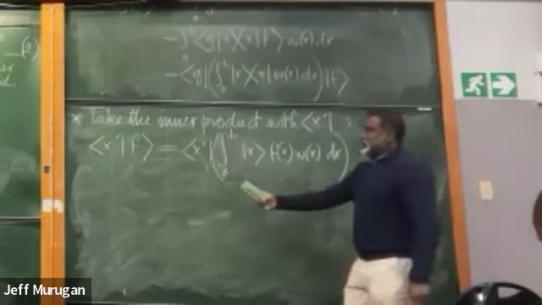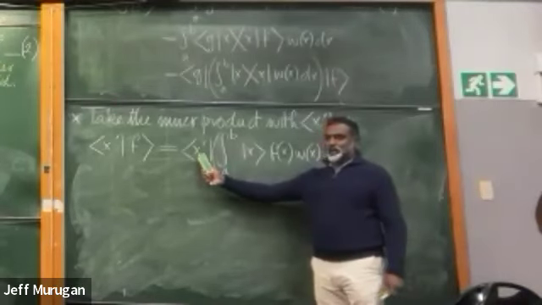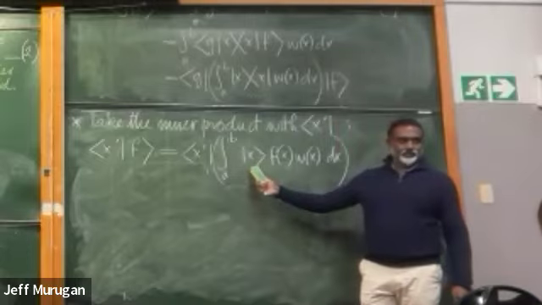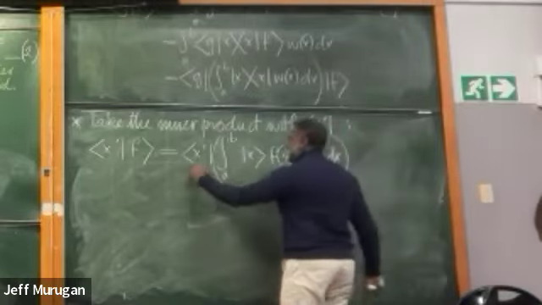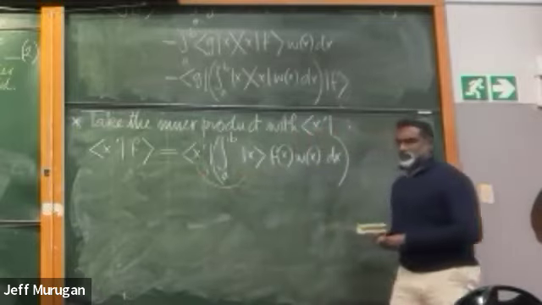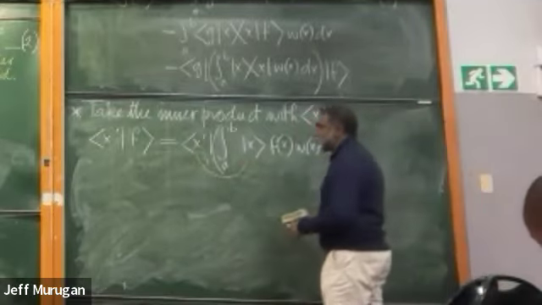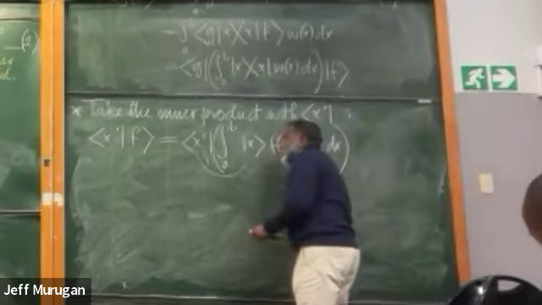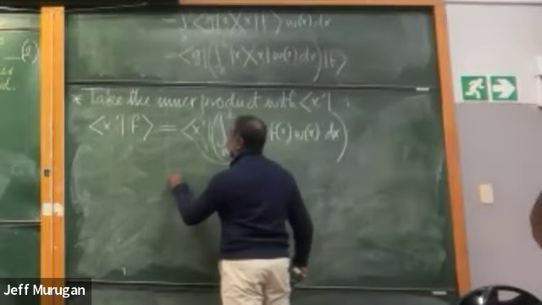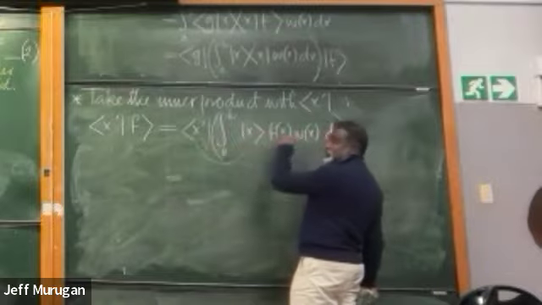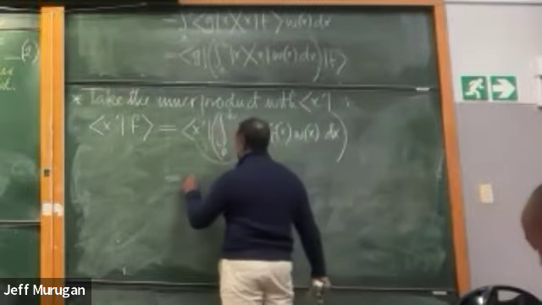This bra can only act on the corresponding ket. So these two pair up together. I take it inside the integral because the integral only involves X and not X prime, so it's a different variable altogether.